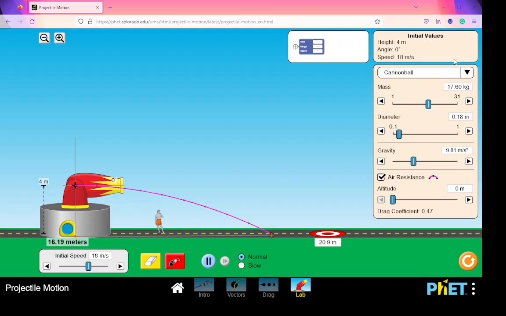So we shot it at, we can see over here, an initial speed of 18 meters per second, and from an initial height of 4 meters, and it had a horizontal range of 16.19 meters measured with this tape measure. This thing would be more accurate, but we're not going to use that. For our lab, we're just going to pretend that all we've got is a tape measure, and this is what we use. So that was with air resistance.